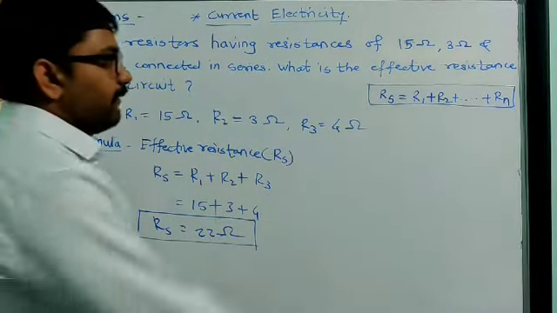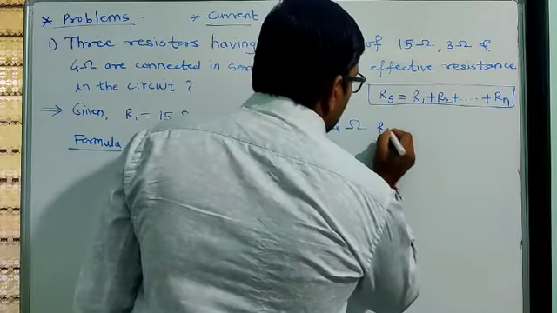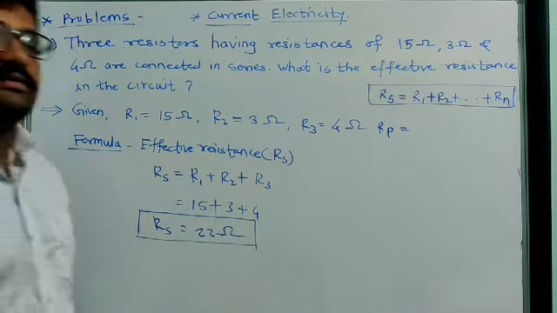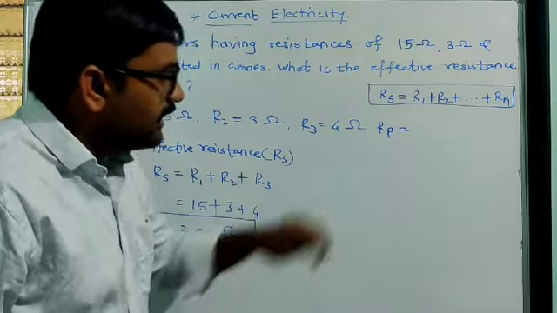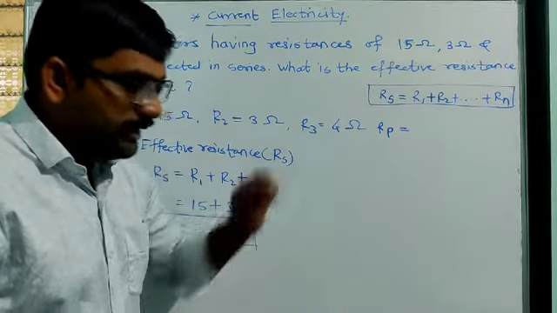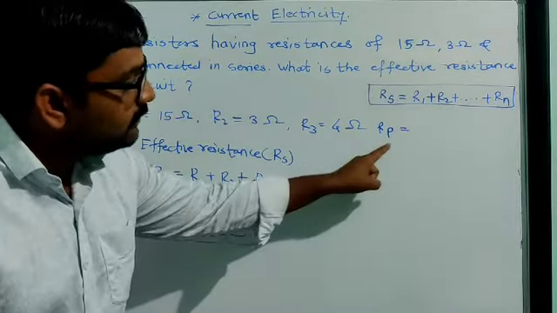Also we studied the formula for parallel connection. If n number of resistors are connected in parallel, their equivalent resistance will be Rp, resistance in parallel.